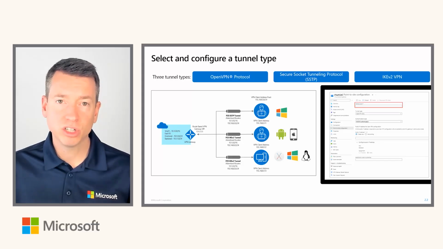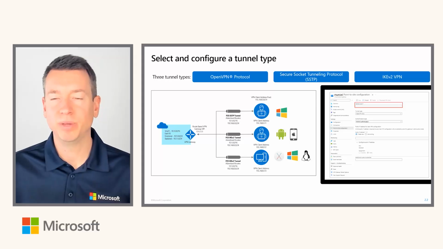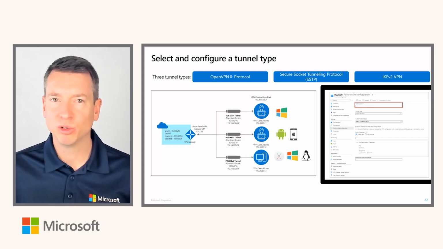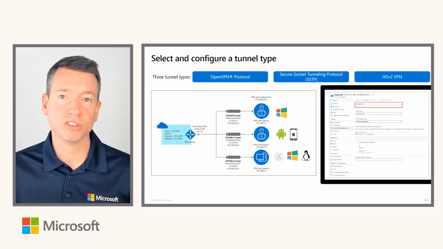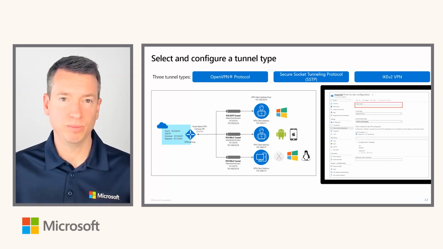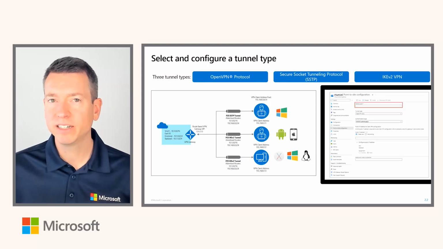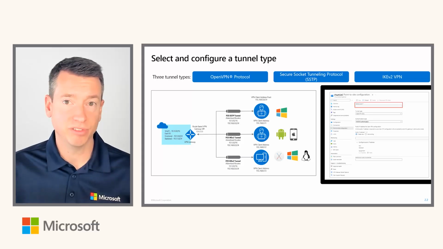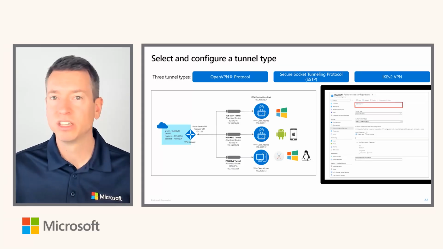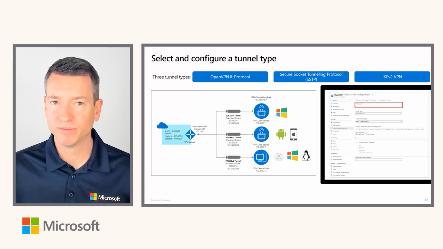The Secure Socket Tunneling Protocol, SSTP, is a TLS-based VPN protocol. Now, SSTP is only supported on Windows devices, and Azure supports all versions of Windows that have SSTP. Now, the IKEv2 VPN can be used to connect from Mac devices. Think about macOS versions 10.11 and above.